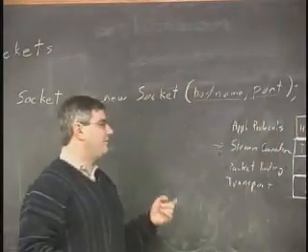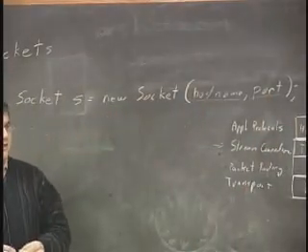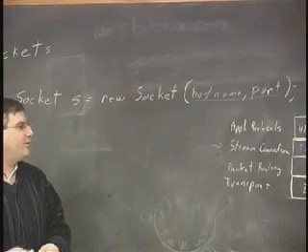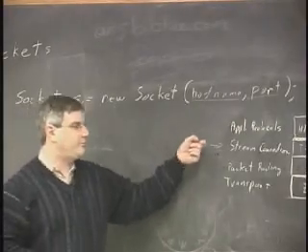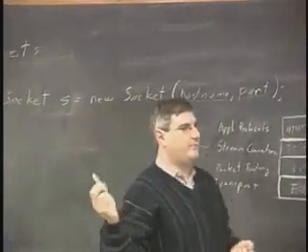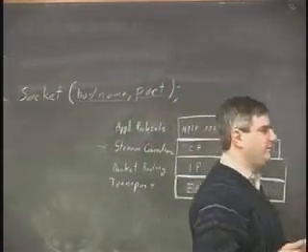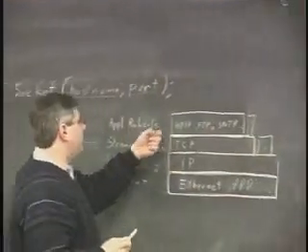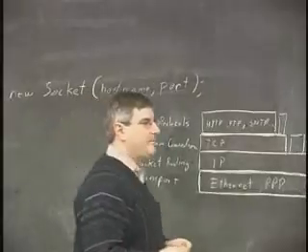A word about the port. The port is another notion imposed by this protocol layer. When you talk to a machine, you would like to talk to a specific application.